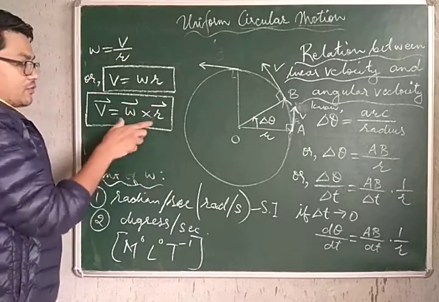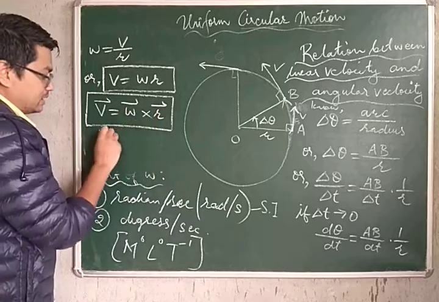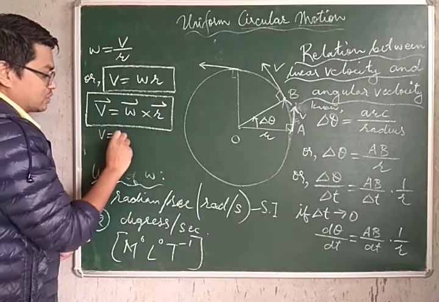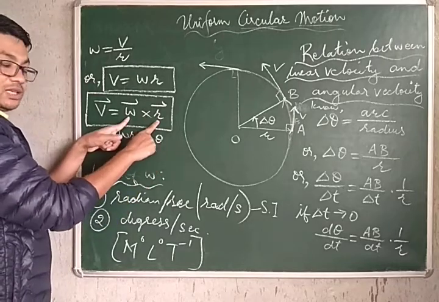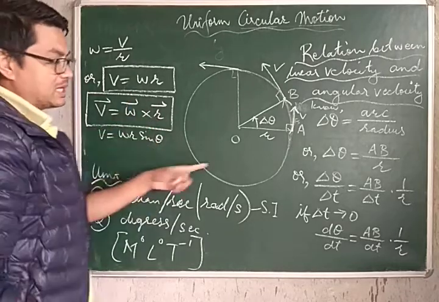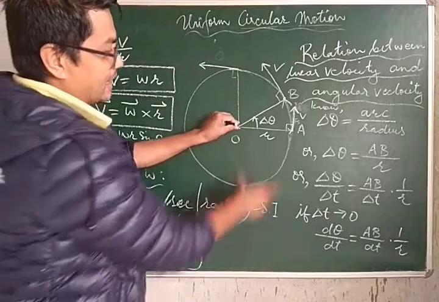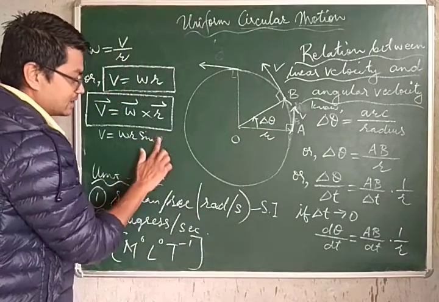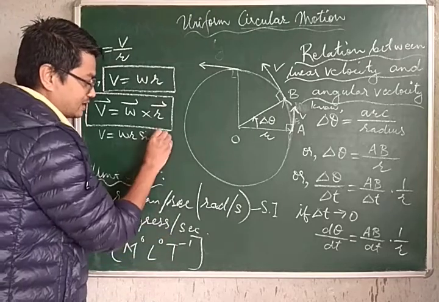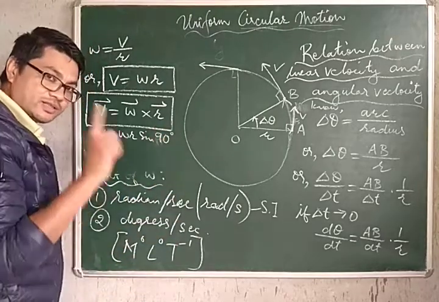Now from here itself, since the cross product gives V is omega r into sine theta, where theta is the angle between these two vectors. But the angle between omega and r, as you can see, is 90 degrees. So this theta is 90 degrees. Now what is sine of 90 degrees? Sine of 90 degrees is 1.